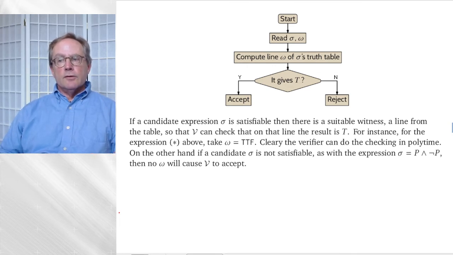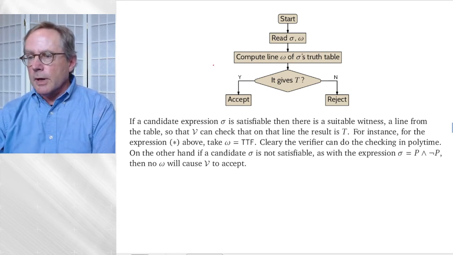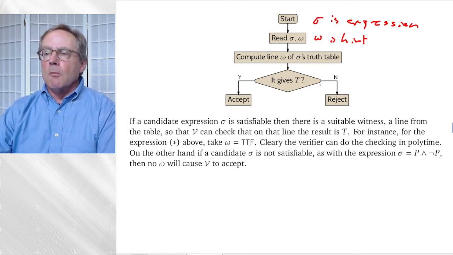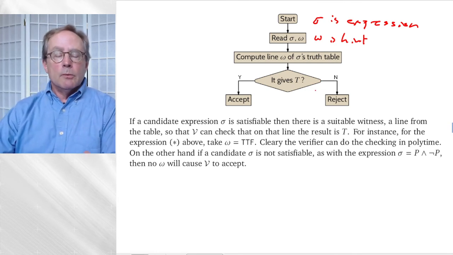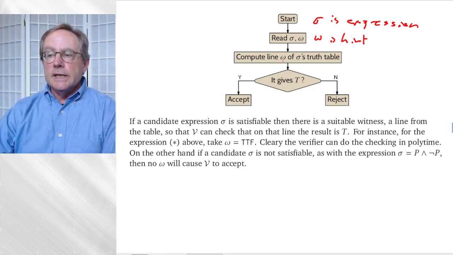It reads in sigma and omega, and again, sigma is the Boolean expression, and omega is the hint. So what would your verifier do? It would do exactly what I just said. Your verifier will compute the TTF line in sigma's truth table.